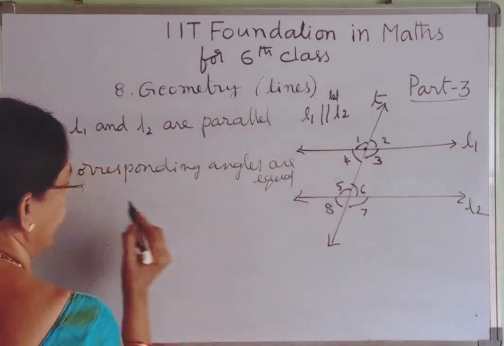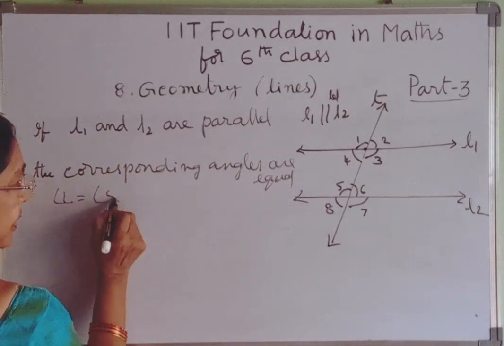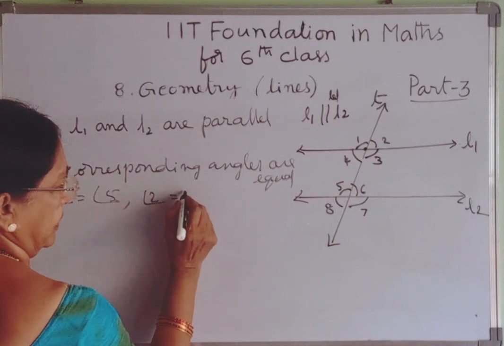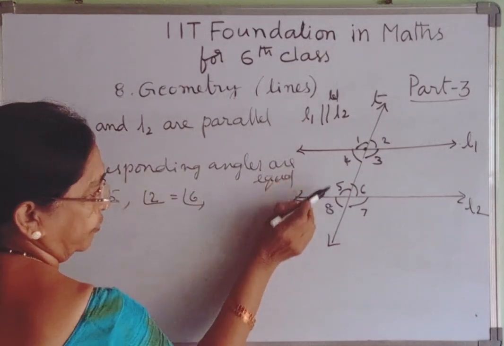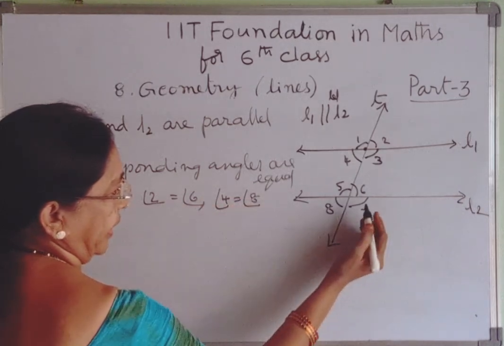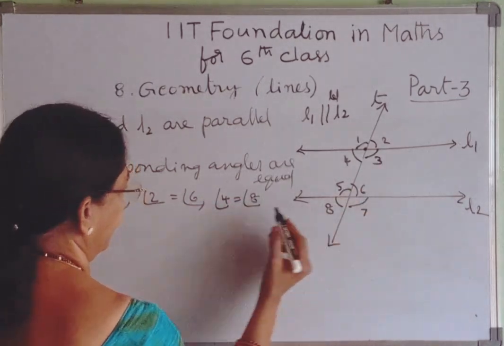That means angle 1 is equal to angle 5, angle 2 is equal to angle 6, angle 4 is equal to angle 8, and angle 3 is equal to angle 7.